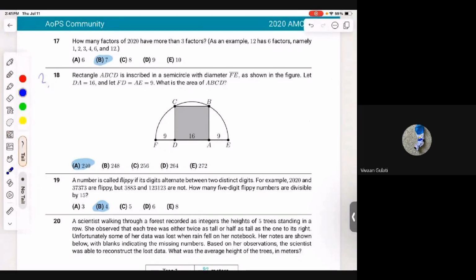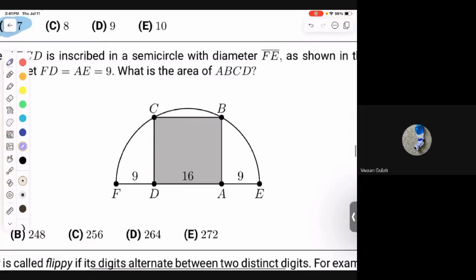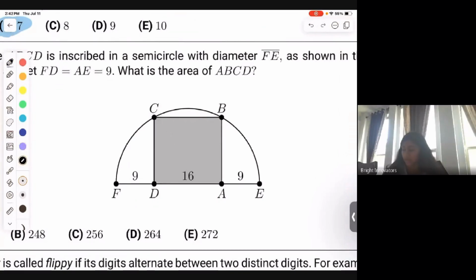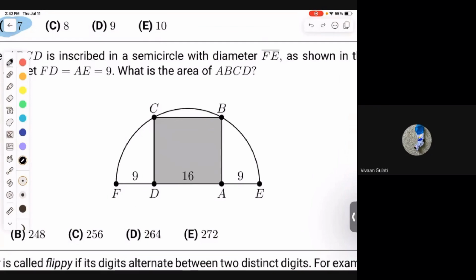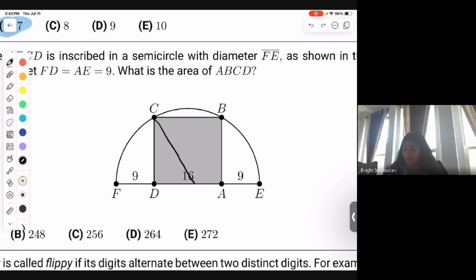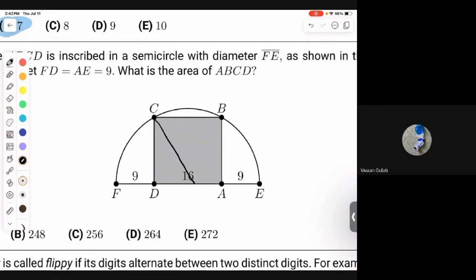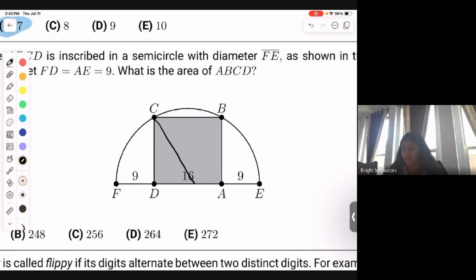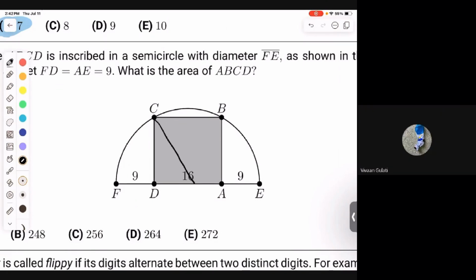So in the square, you connect C and the middle of D and A to make two triangles, like right triangles. That would look like this. So then each of the bottom ones is 8.